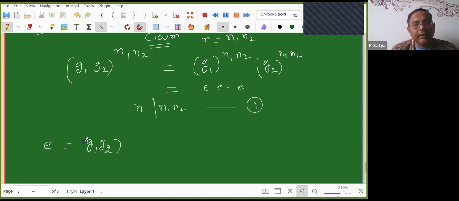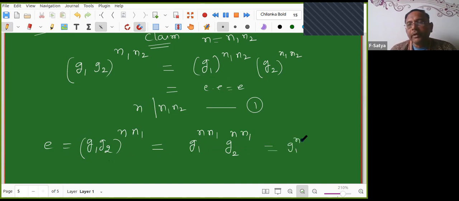So (G1 G2) power N is equal to identity because the order of G1 G2 is N, right? In particular, I'll multiply with N1 also, still not a problem, right? So this is equal to G1 power N N1 times G2 power N N1, right? But you know that this is equal to (G1 power N1) power N times G2 power N N1, right?